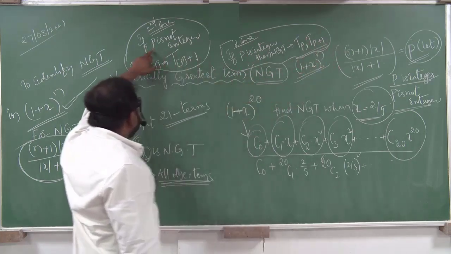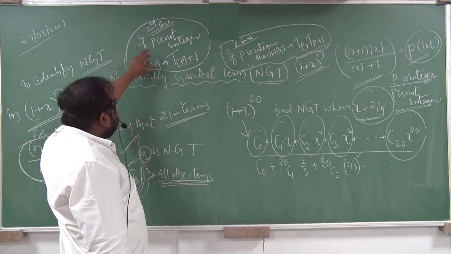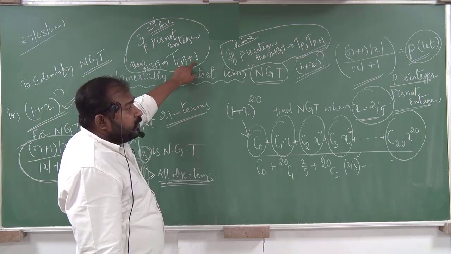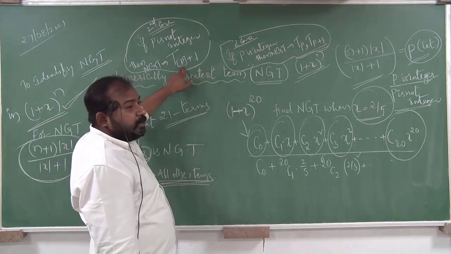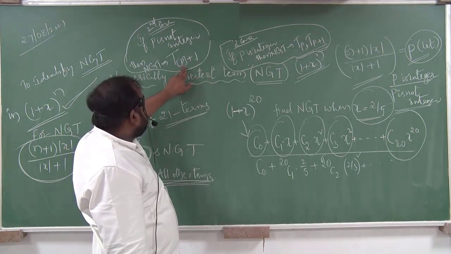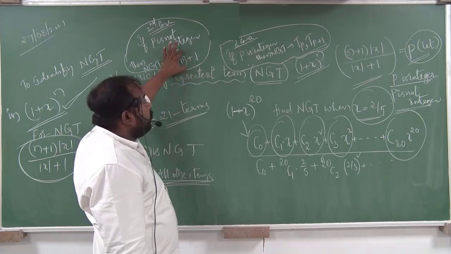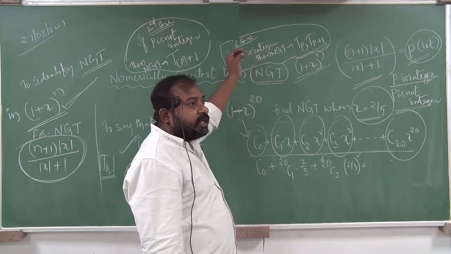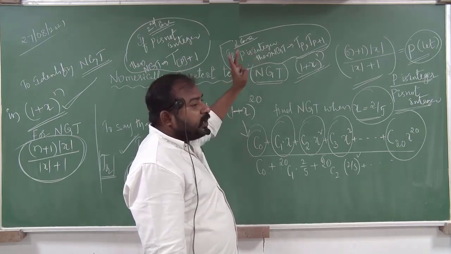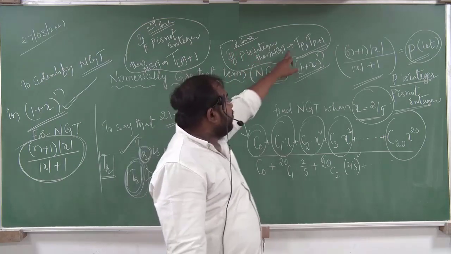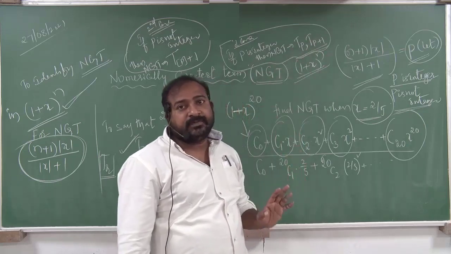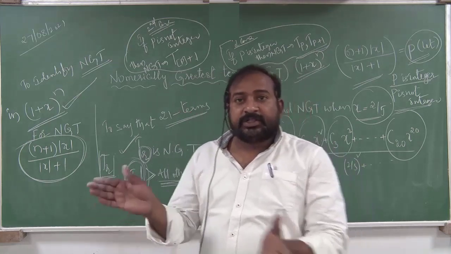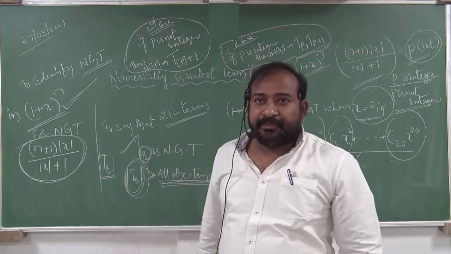If p is not integral, the numerically greatest term is given by T of [p] + 1. If p is 3.2, the floor of 3.2 is 3, plus 1, so T4 is the numerically greatest term. If p is directly 5, an integral value, there will be two numerically greatest terms, T5, T6. Based on this, we will do examples in the next class. Thank you.